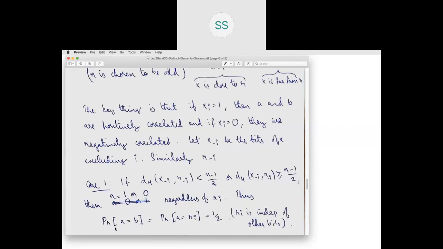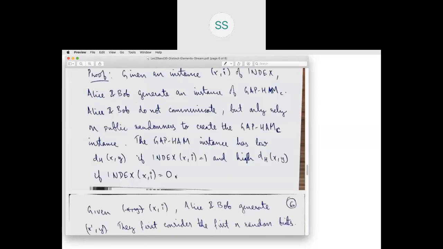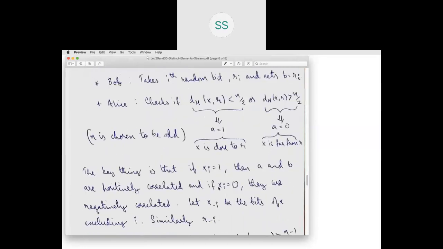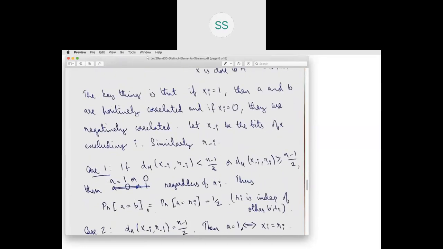Right? So what is the probability that A equal to B? Recall A and B are the inputs that were generated by Alice and Bob respectively. So what is the probability that A equal to B? Now B is ri. It is the probability that A equal to ri. Now A is fixed regardless of ri because one of these two cases has happened.